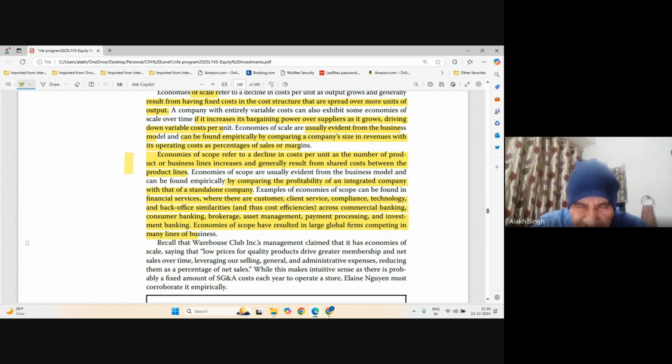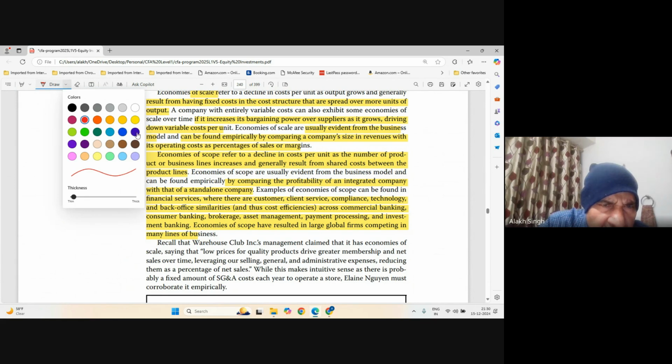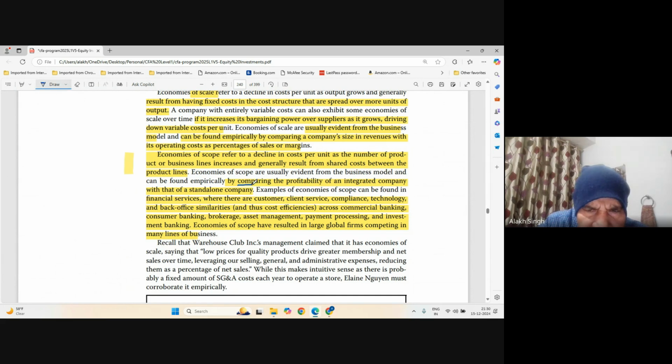Okay, so how to calculate it? We calculate it empirically by comparing the profitability of an integrated company with that of a stand-alone company.